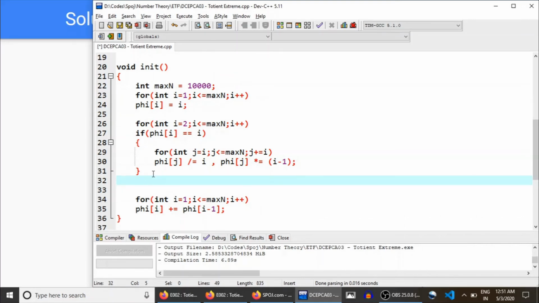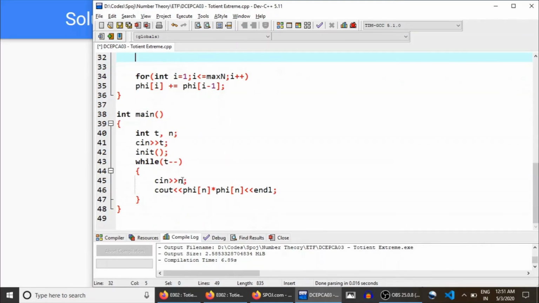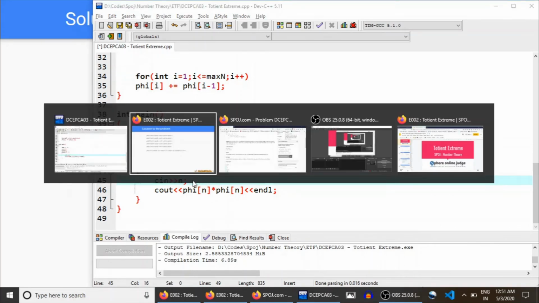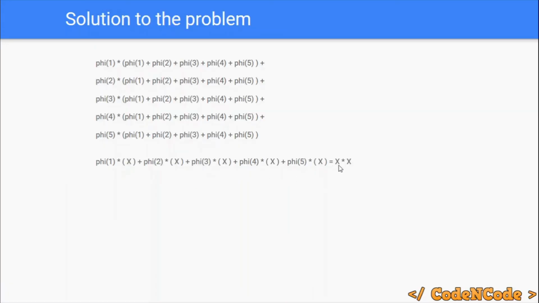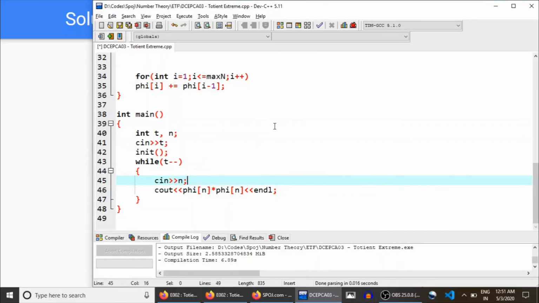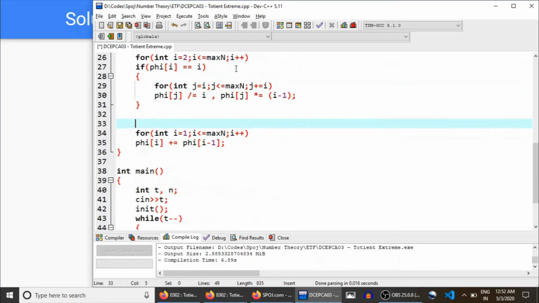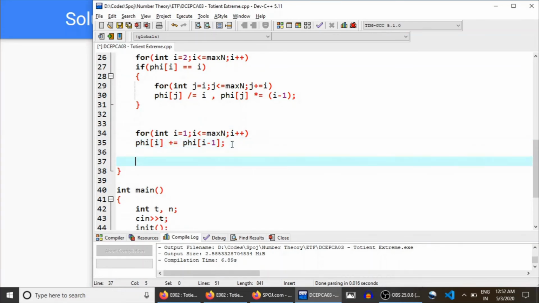Now, since for each input n we want the sum till n, the sum of phi till n, not phi of n. Remember, x here is the sum of phi till n, not phi of n, right? So what we want is the sum of phi till n. So what I'm doing here is taking the prefix sum of the phi function. Phi of i initially was equal to phi of i, of course, but after running this loop, we are using prefix sum here.